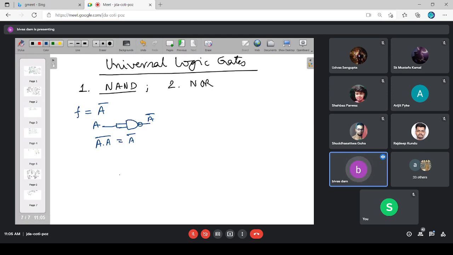Okay. Is there any other way by which you can realize one inverter or inverting action using one 2 input NAND gate? One thing you should always remember, this digital electronics is 80% common sense and 20% technique.